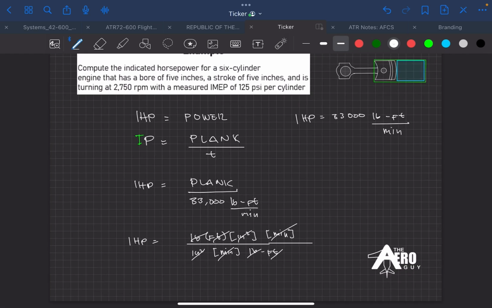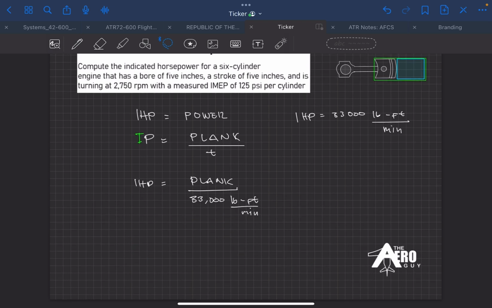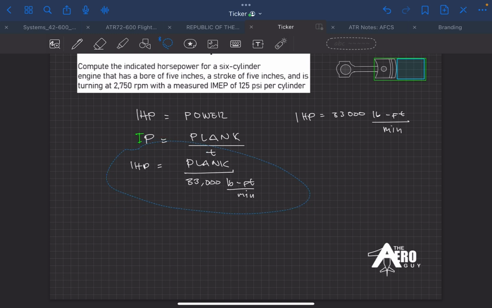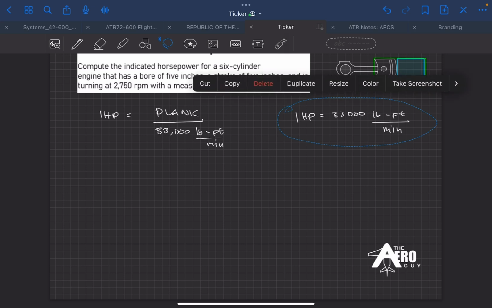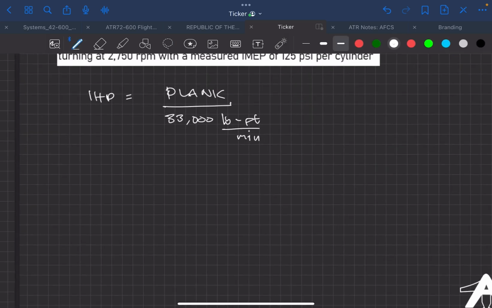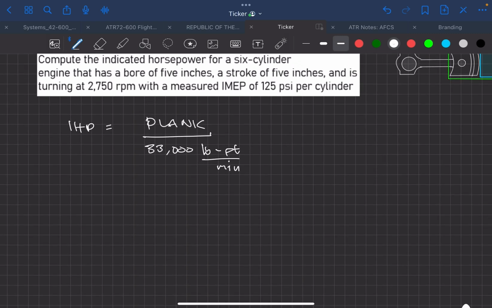Okay, so solving for the problem, since we have the formula here. Pressure is given as 125 psi IMEP, so that's just going to be 125.